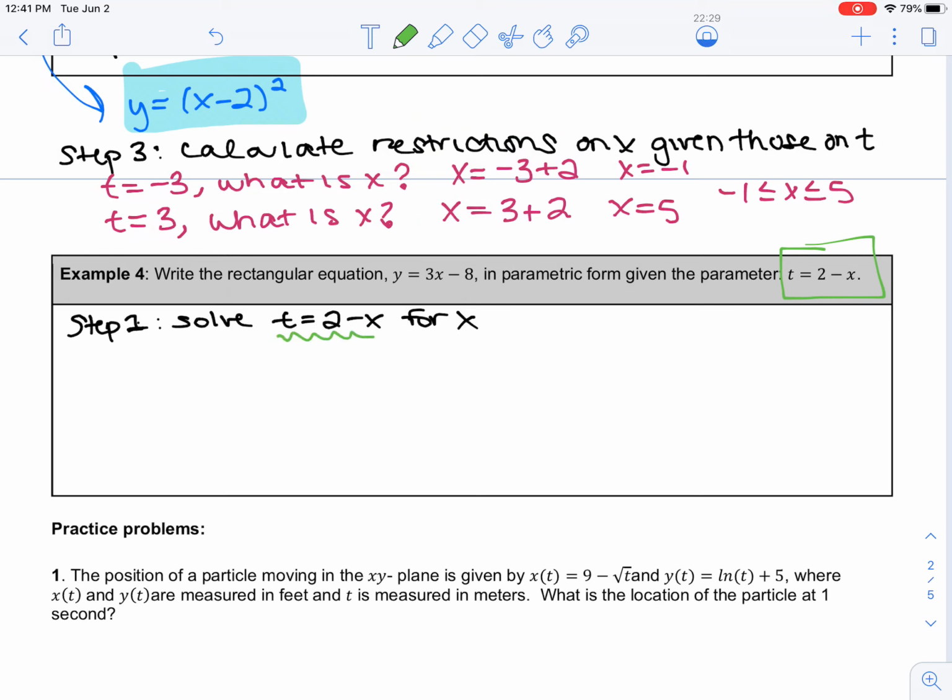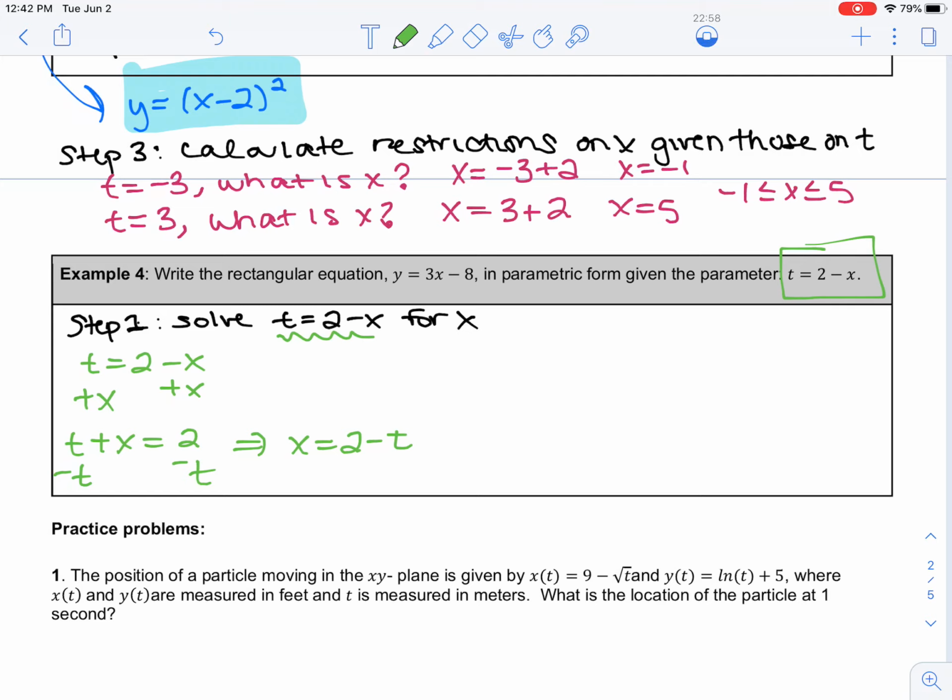Okay, so given that t is equal to 2 minus x, I have a couple options. I notice that x is negative, so I'm going to add that over to the other side and get that t plus x is equal to 2. And then I can subtract over my t to find that x is equal to 2 minus t.